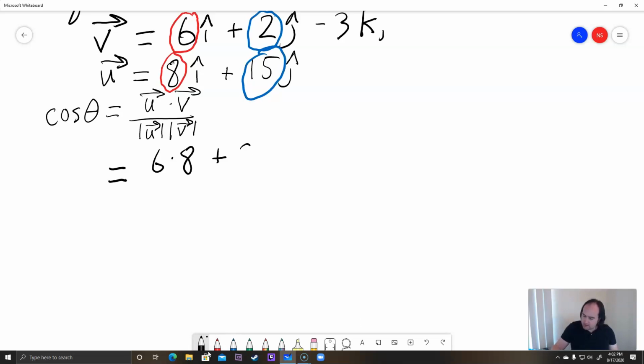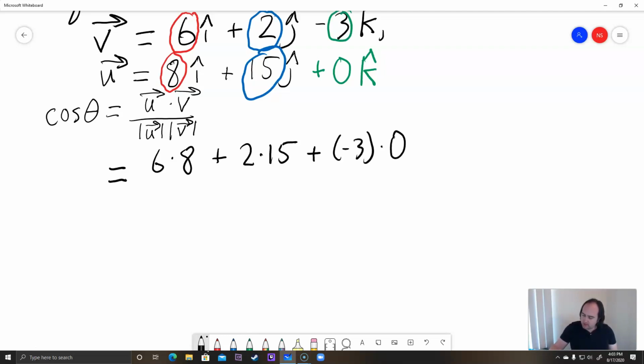So 6 times 8 plus 2 times 15. And then we're going to have plus the third components multiplied together. Well, what's the third component here? Well, since they didn't write a k, just like the last problem, this is going to be 0k. Okay, so the third components are going to be negative 3 times 0. So plus negative 3 times 0.